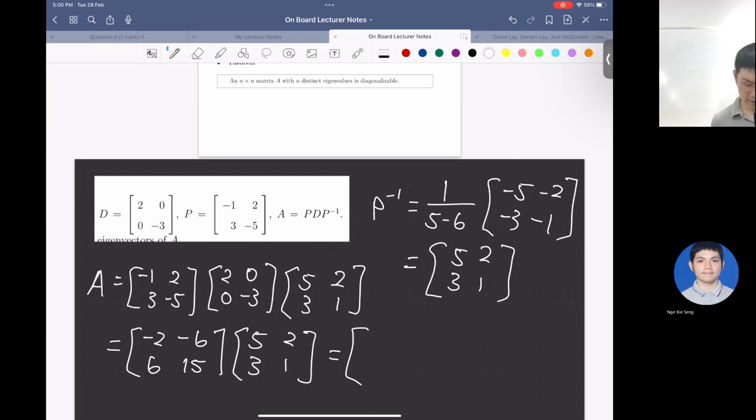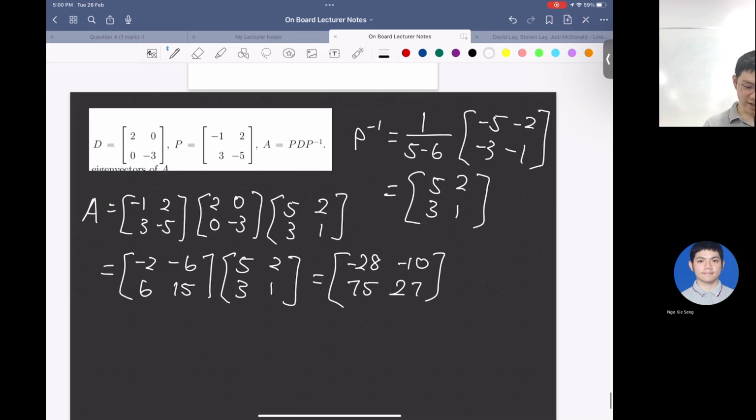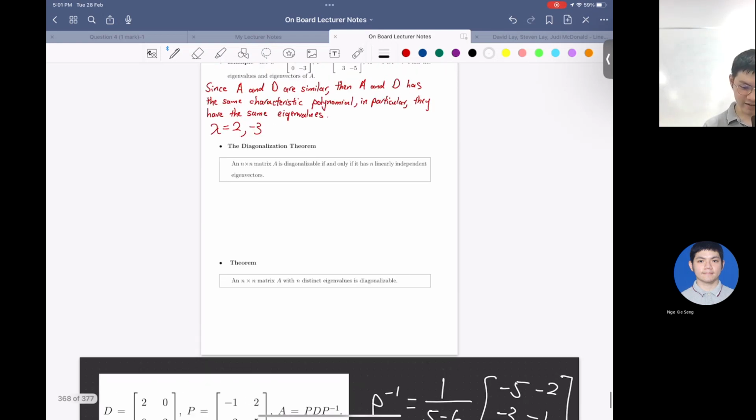Minus 10, minus 18, minus 28. Please help me check. Wrong. Minus 4, minus 6, minus 10. 6, 30, 30, 45, 75. So big. 12 plus 15 is 27. Is this right? Yes, right. Good.